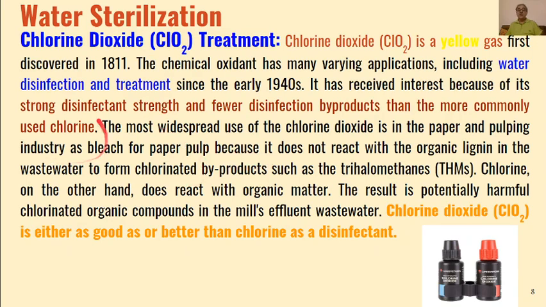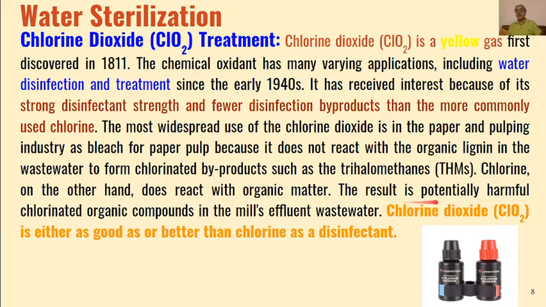Whereas if we use chlorine in the paper and pulp industry, chlorine gives us trihalomethanes as byproducts, and these react with organic matter, that is lignin present in the pulp, and we get a variety of organic products which are not desirable in paper and pulp formation.